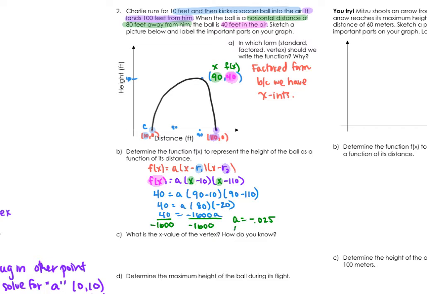Once we have that, we're going to plug it into the original equation for a. So our equation is going to be f of x equals negative 0.025 times (x minus 10) times (x minus 110).